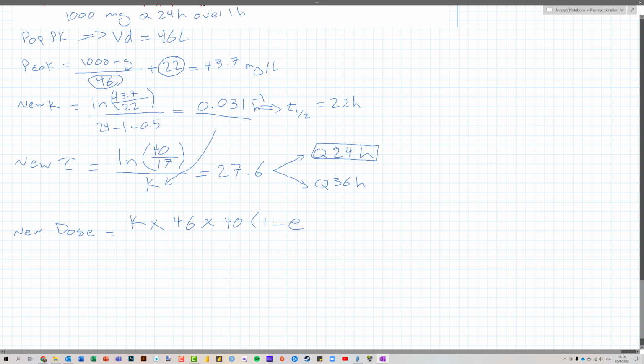If it doesn't work out, then I'm going to try every 36 hours. In the denominator, you will have 1 minus e to the negative K times time of infusion, which is 1. And this will give you a new dose of 980 milligram.